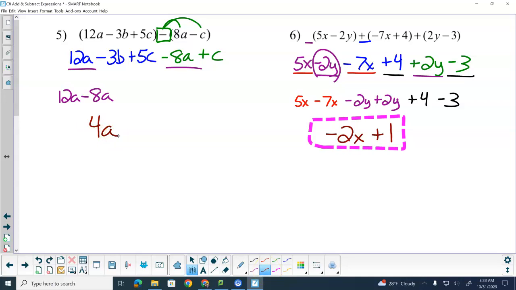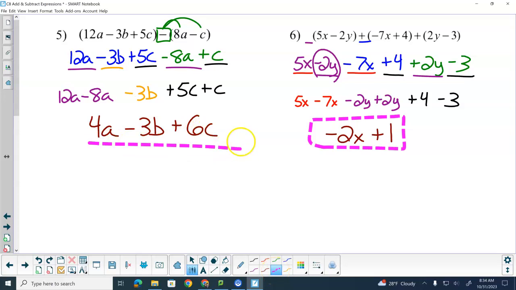I got no other b. So that's going to stay minus 3b. And then we've got 5c and another c gets me 6 c's. 4a minus 3b plus 6c for that one.